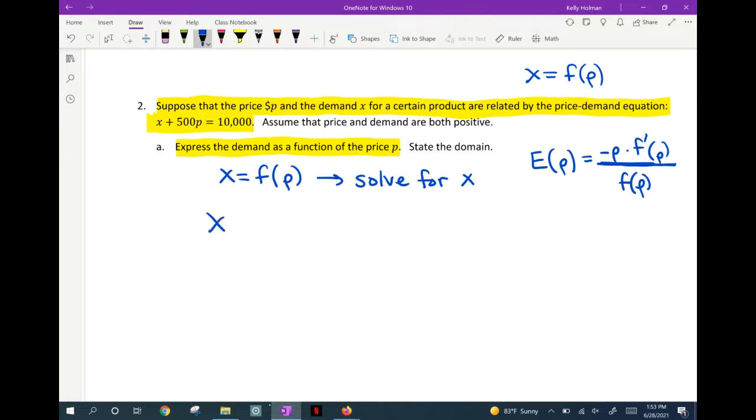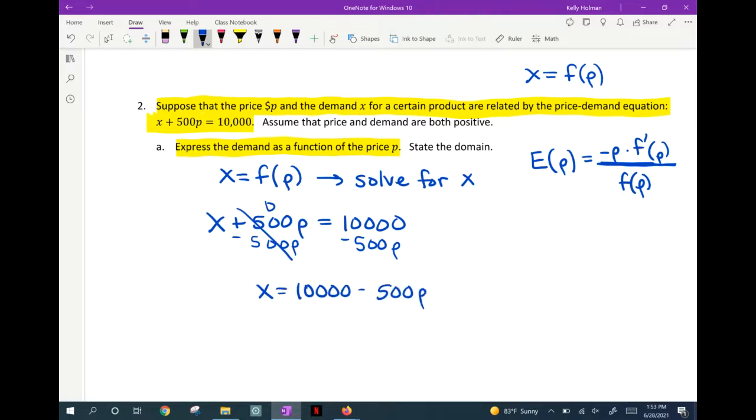So the first thing we need to do is take our price demand equation, currently implicit, and make it explicit. This is just algebra, no calculus happening. I'm just going to subtract the 500p on both sides. So I have 10,000 minus 500p. So if I rewrite this with function notation, it would look like this.